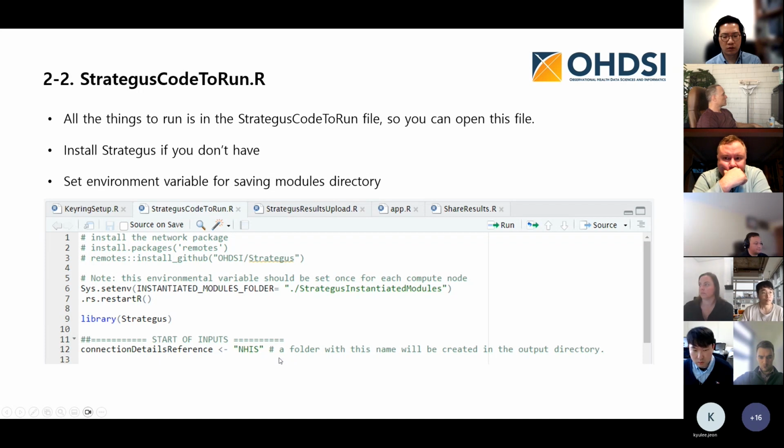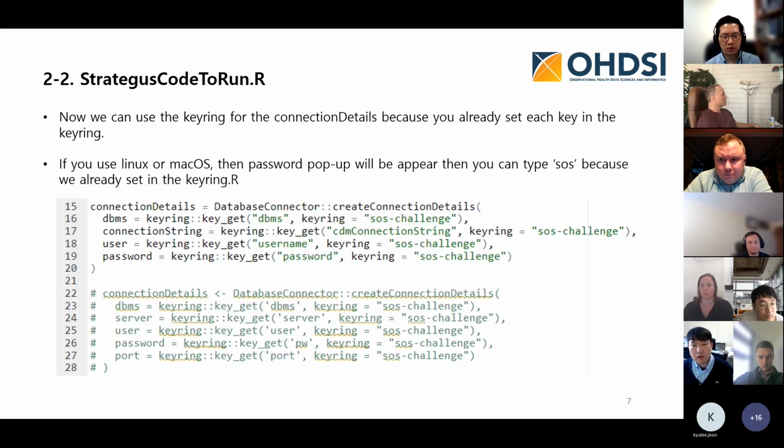So I put this with NHIS, which was our database name. Now we can use the keyring for the connection details because we already set each key in the keyring. If you set the server and port information in your keyring rather than in the connection string, then you can use it like below.